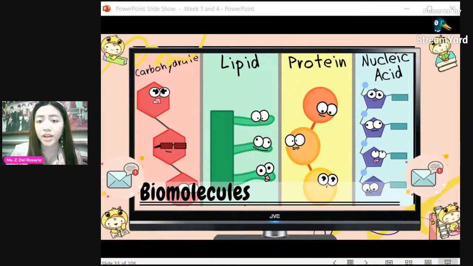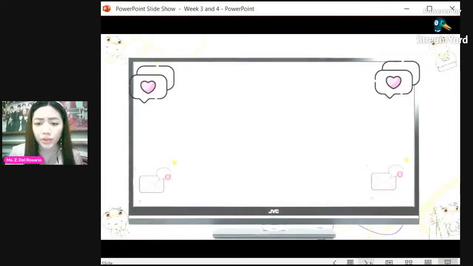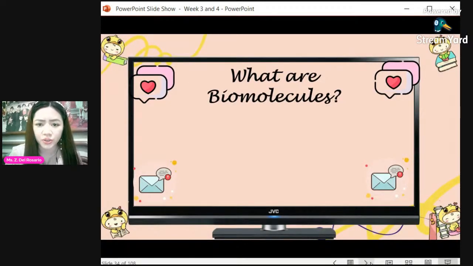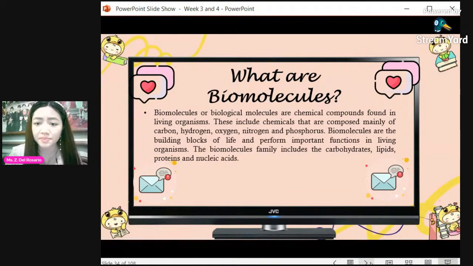Based upon our Valenzuela Live yesterday, we were able to know that these biomolecules usually include carbohydrates, lipids, proteins, and nucleic acid. But what do we actually mean by biomolecules? When we say biomolecules, these are also known as biological molecules, and these are chemical compounds found in living organisms.